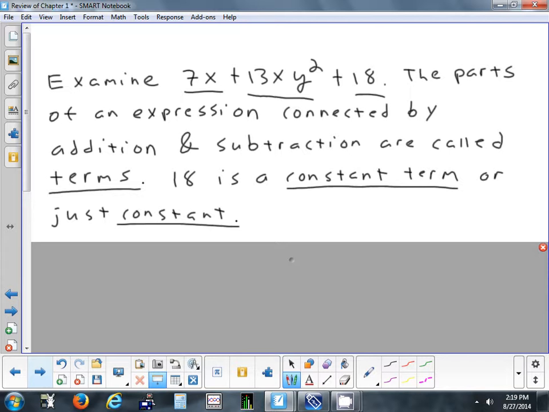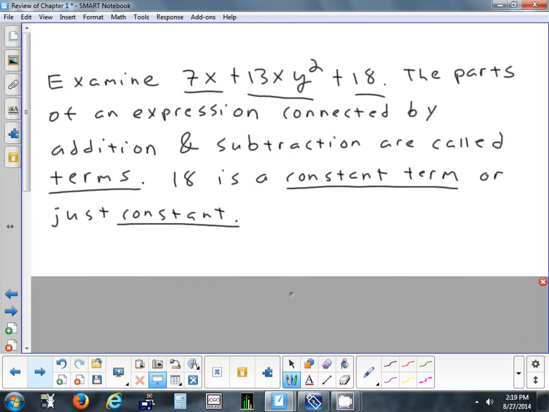So this last term is more specifically called a constant term because it has no variable. Or you can just call it the constant. Any question on the idea of term or constant term?